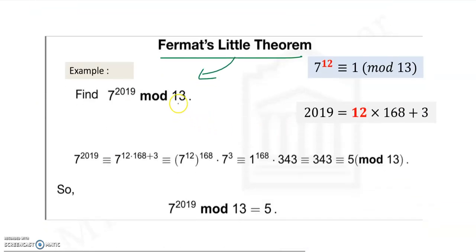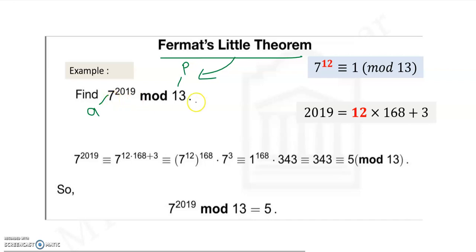Now in this question, p is 13. Now what is a? 7 is a. So a is 7, p is 13. p does not divide 7, meaning 13 does not divide 7.